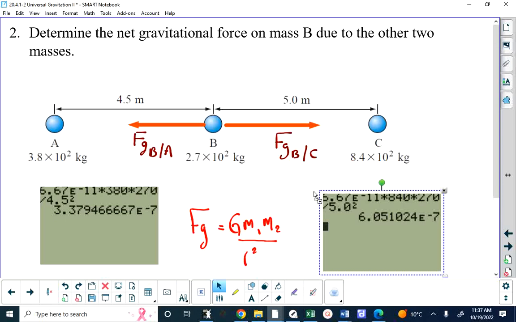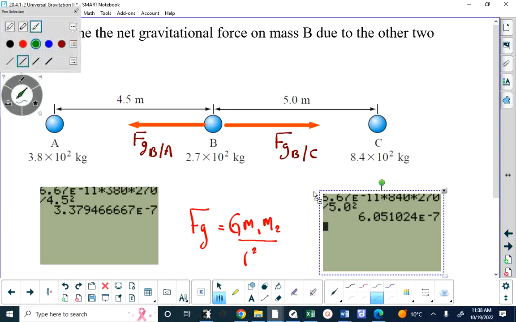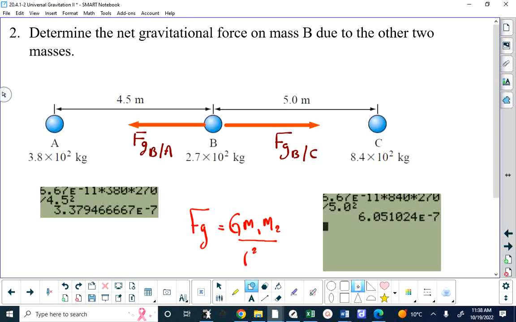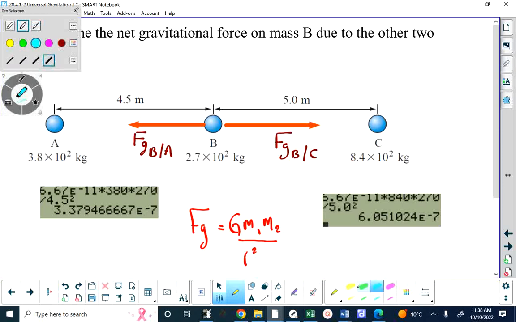So now the question is, what do you do to these two forces? And you can see, by the way, this force here, you're going to have to organize your thoughts in some way that doesn't involve a highlighter unless you happen to have a bunch of different highlighters.